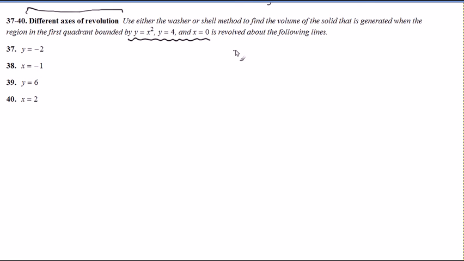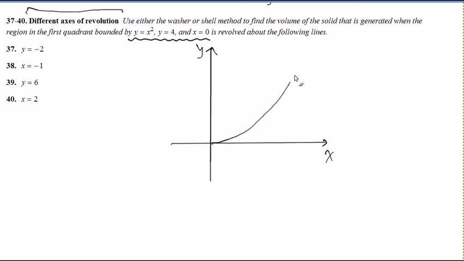So let me sketch that first. First quadrant looks like this. y equals x squared looks like this. x equals 0 is here, and y equals 4 is there. So the region they're talking about is this one, right? Okay. So y equals -2 is somewhere down here.